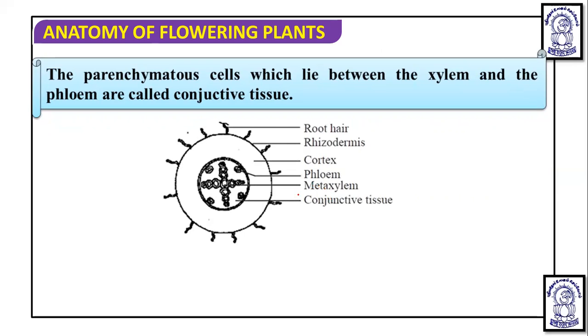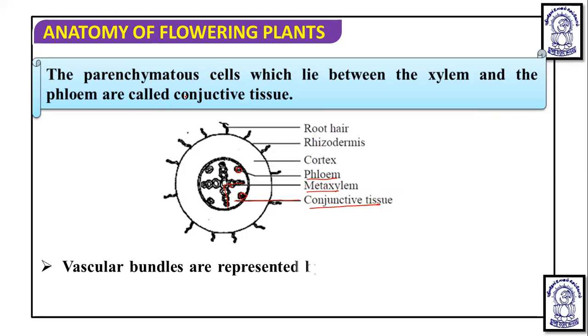Okay, this is the phloem part, this is the metaxylem, and here you will see the protoxylem. Now between the phloem and the xylem, this blank space represents conjunctive tissue. They are present between the xylem and phloem.